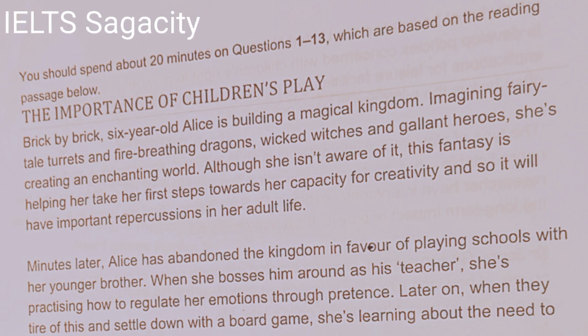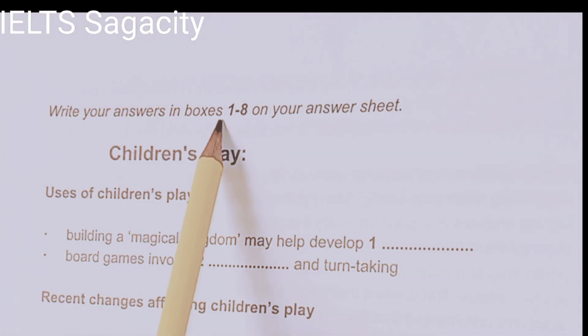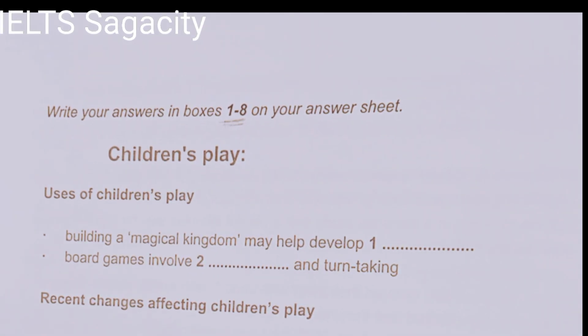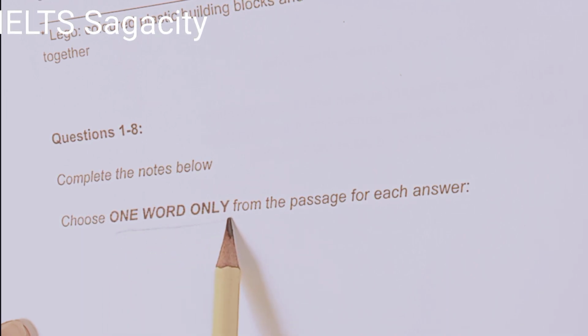As we know the strategies, we do not read the text, rather we jump to the exercise to see what we are going to look for. So the first 8 questions are gap filling questions, and the instructions are actually on the previous page, so 1 word only, so we can only write 1 word for each answer.